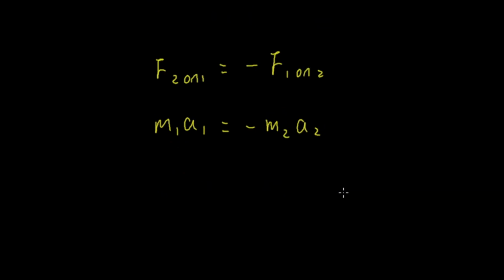Now, we also know that acceleration is just change in velocity over change in time. So that is m sub 1 times change in velocity of object 1 over change in time 1 is equal to negative m sub 2 times change in velocity of 2 over change in time of 2.